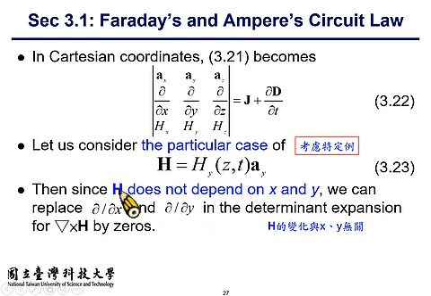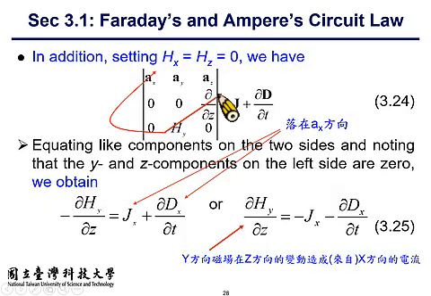So H does not have dependency on x and y direction, so the spatial derivative of H toward x and y are all zeros. If you perform the determinant for differentiation, you end up like this. So what is the implication of this result?